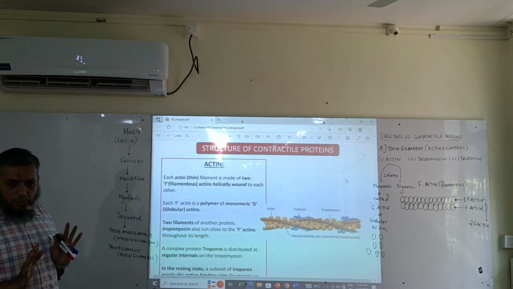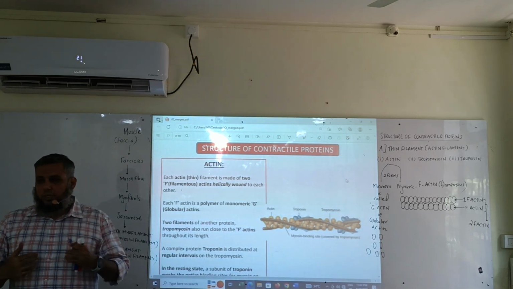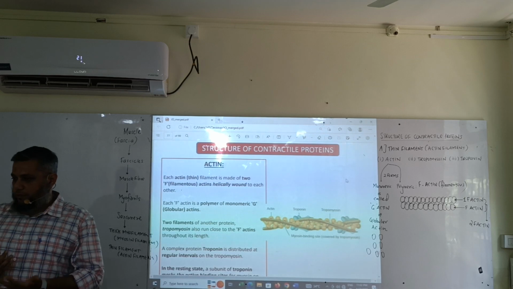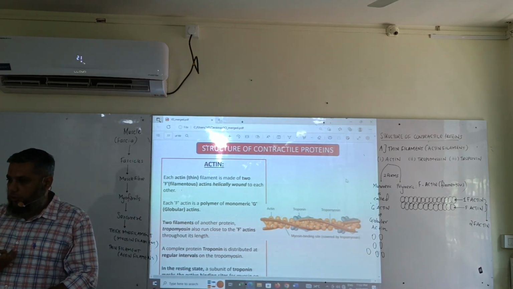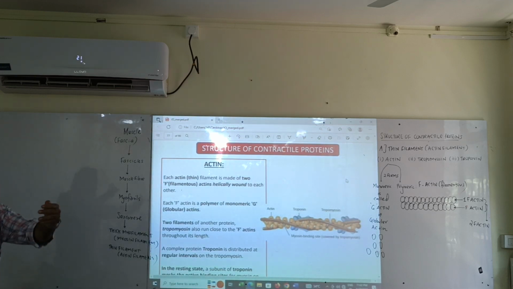Is my class comfortable? Yes. So what is the name of the thin filament? Actin filament. It is made up of actin, troponin, tropomyosin. Actin exists in two forms: monomeric called G, polymeric called F. Many G come together for one F. 2 F together is a part of one actin filament.